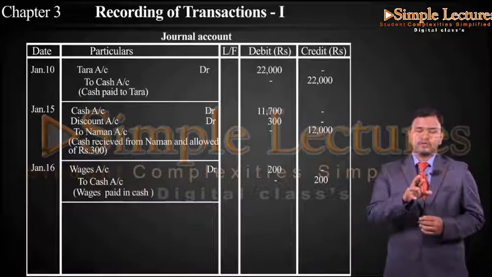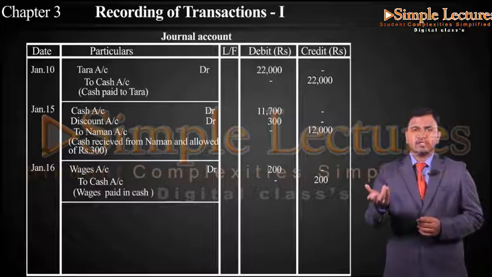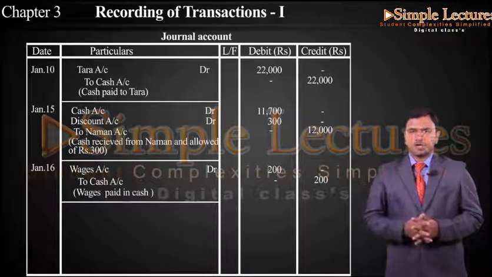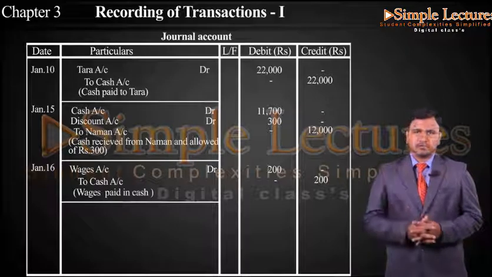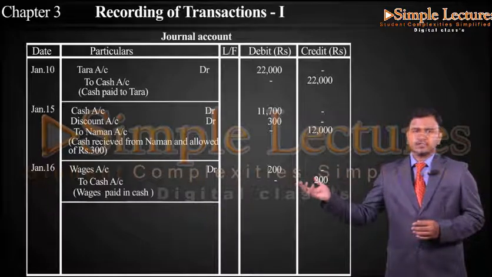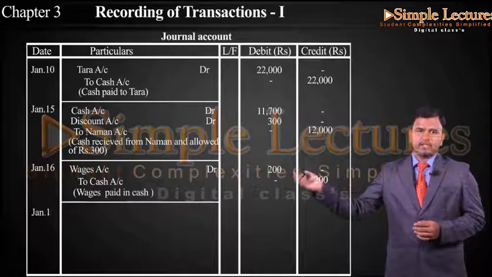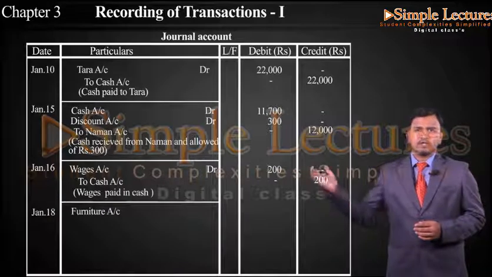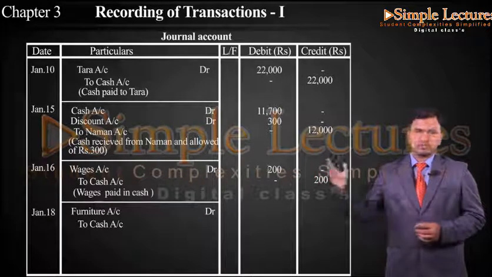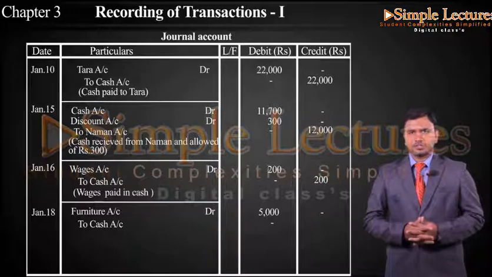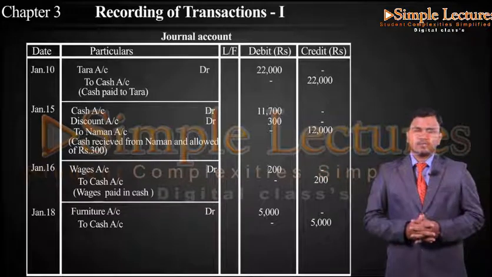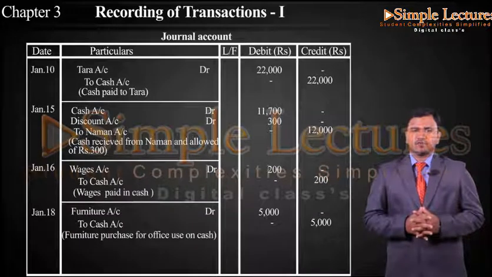For the same furniture we are going to make the payment in cash, the cash is going outside, credit what goes out. So the journal entry for this will be on the date Jan 18th, furniture account debtor to cash account, 5,000 debit and 5,000 credit. Narration: being furniture purchased for office use on cash.